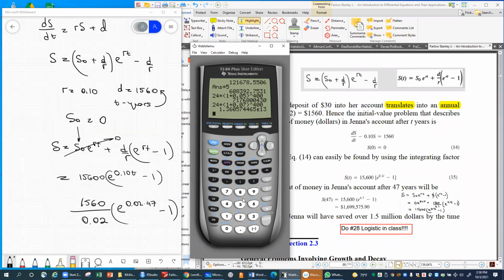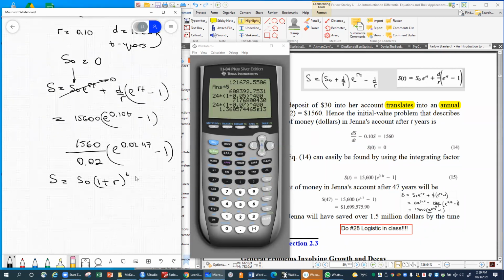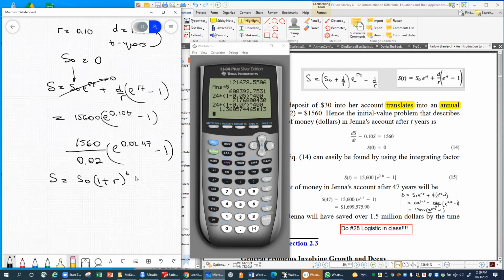Let's see, we should be able to. So that's an equation like this. We have the equation future value, initial value. I did discrete compounding here, (1 plus r) to the power t years, right? Now we want to know how many t years. That requires logs, right? So it's S over S0 equals (1 plus r)^t. So how do you get to t? It's ln of S over S0 equals t ln(1 plus r).